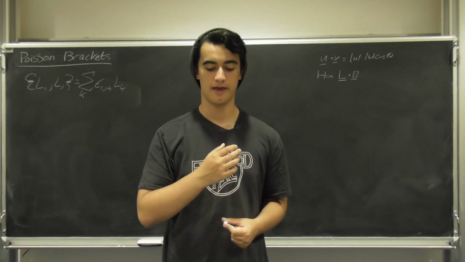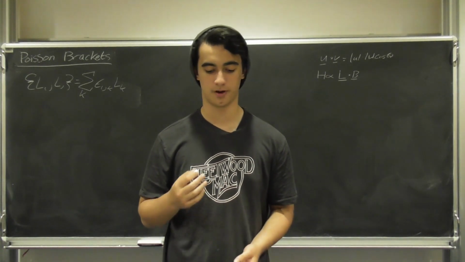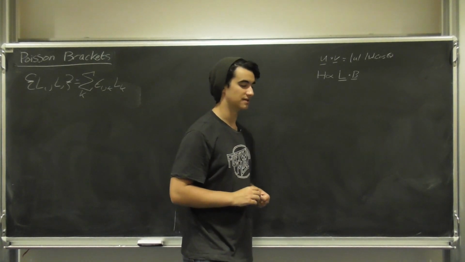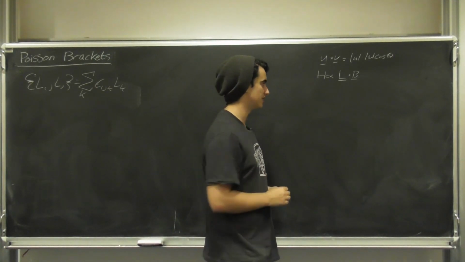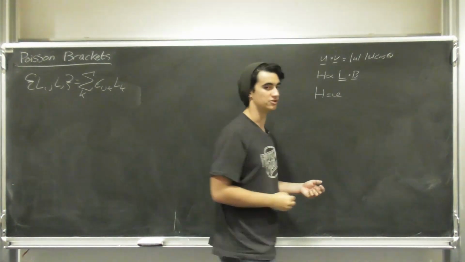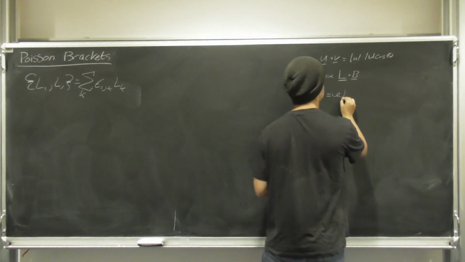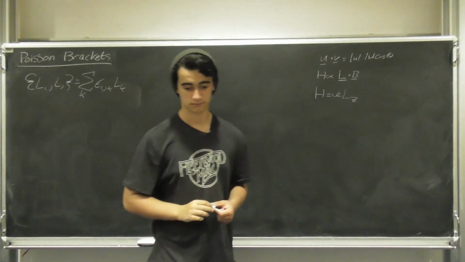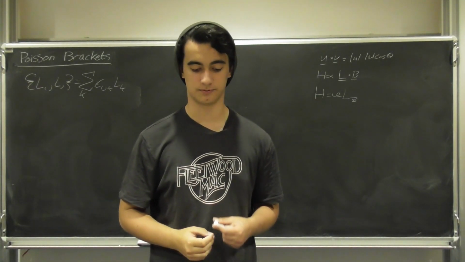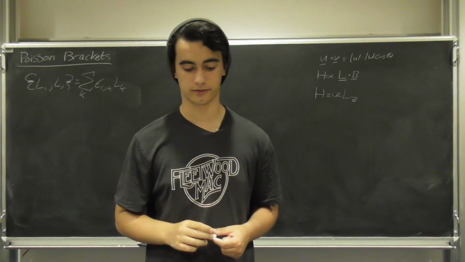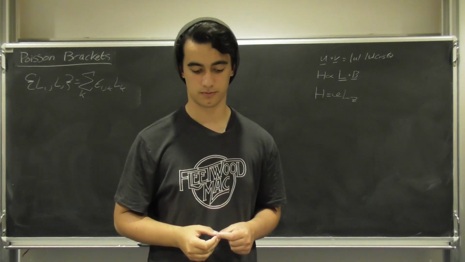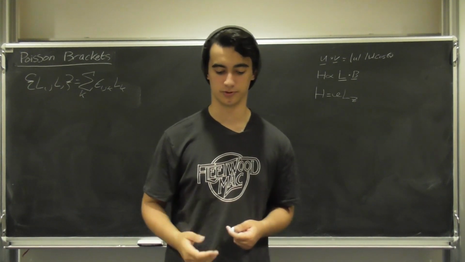We'll say that the ball is spinning such that the angular momentum is along the z-axis. So H is equal to omega, which carries all the constants, times L sub z. If there were no magnetic field, the rotational symmetry would be obvious. However, now that there is something to rotate relative to, this rotational symmetry gets ruined.